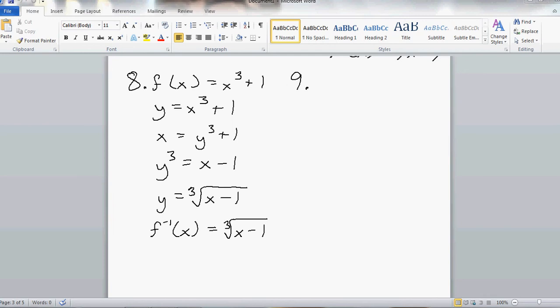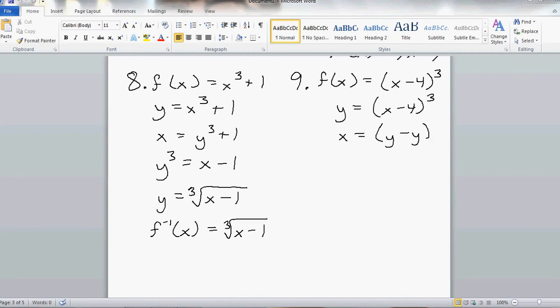Example number 9, f of x equals the quantity x minus 4 cubed. We need a y, so y equals the quantity x minus 4 cubed. Switch the x's and the y's, so x equals y minus 4, that's a 4 not a y, cubed.